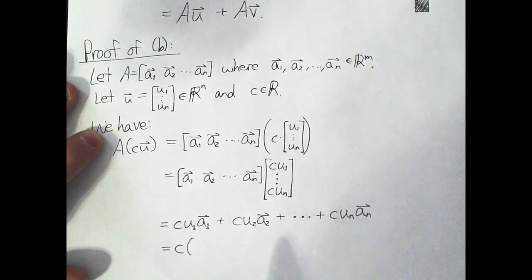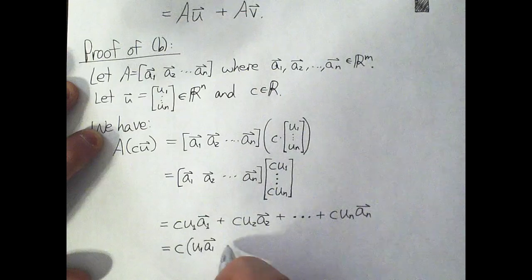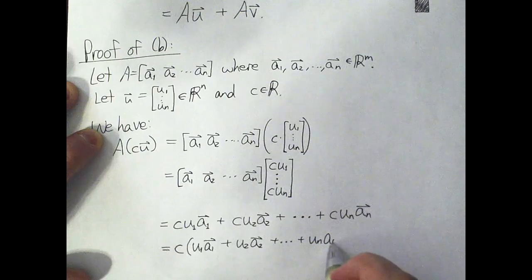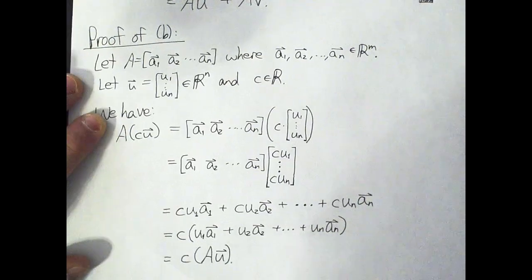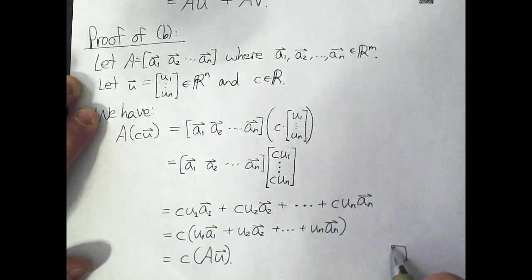Remember which things are numbers and which are vectors, but it is okay to factor out a C now. So it kind of wound up moving itself to the left side of things anyway. And this equals C times AU. And that's exactly what we were trying to prove. So we'll put a little box here to say that's the end of the proof. Little box or a little symbol or something.